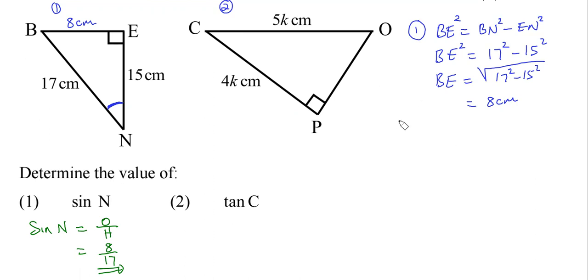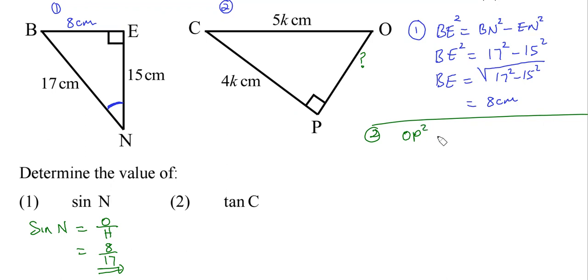Okay, let's look at question 2 there. Now, on question 2 here, we are asked to find tan C. And to find tan C, we need the opposite. We need this opposite here. So to find the opposite side, what do we know? That's our OP.